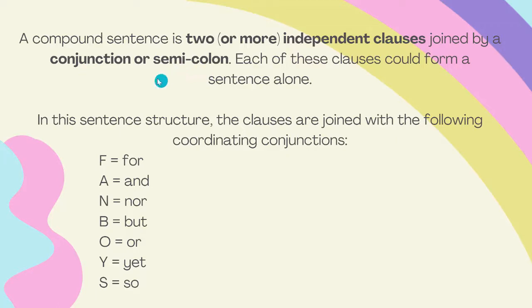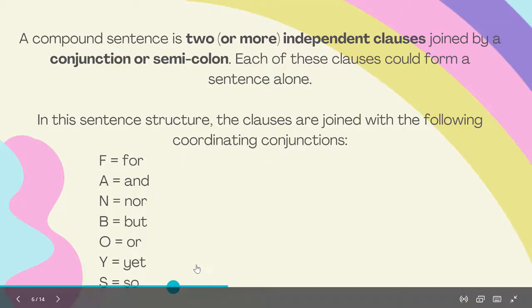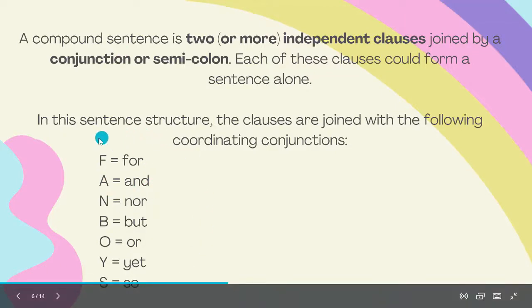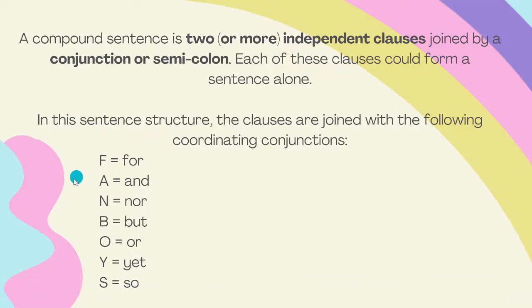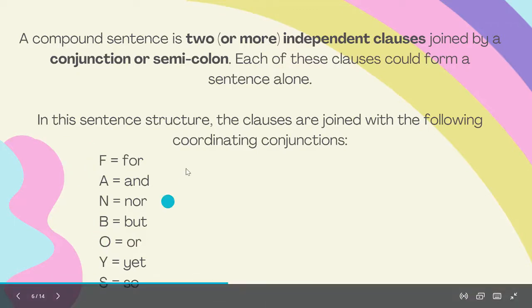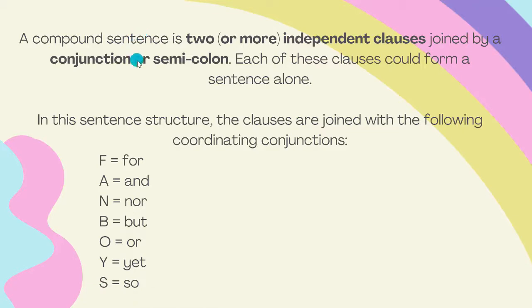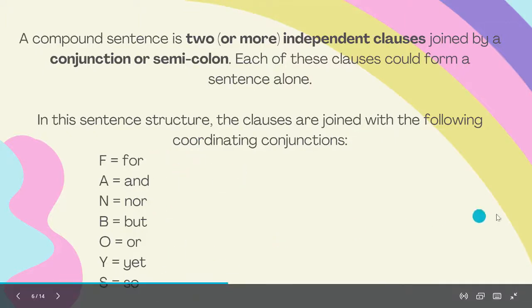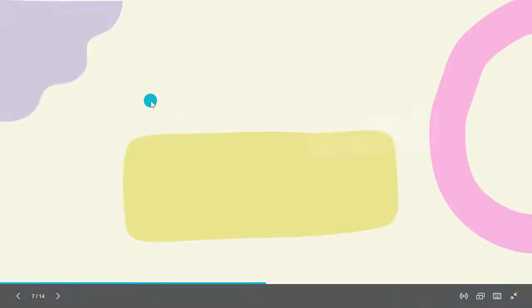Okay, let's see. The type of conjunction that we use in compound sentences is this. Or we can use the abbreviation FANBOYS, which is for, and, nor, but, or, yet, and so. Okay, so the clauses of a compound sentence are joined with these coordinating conjunctions.